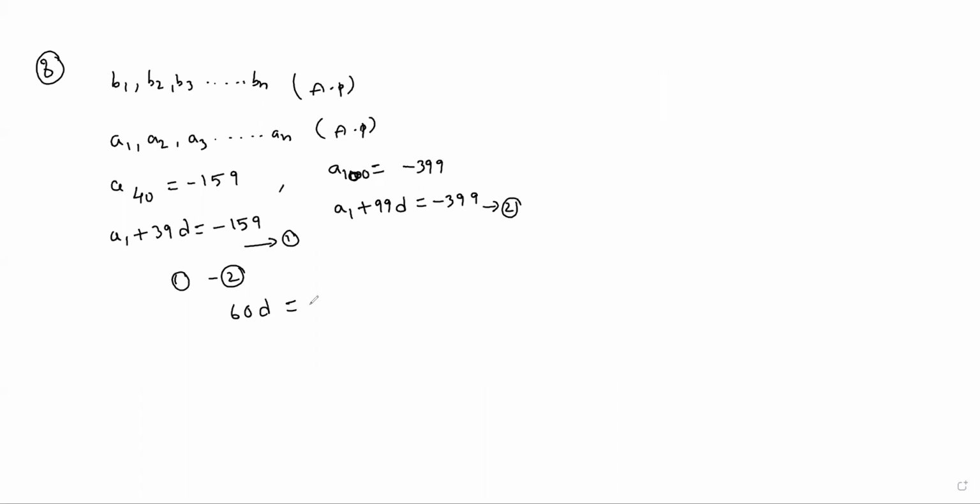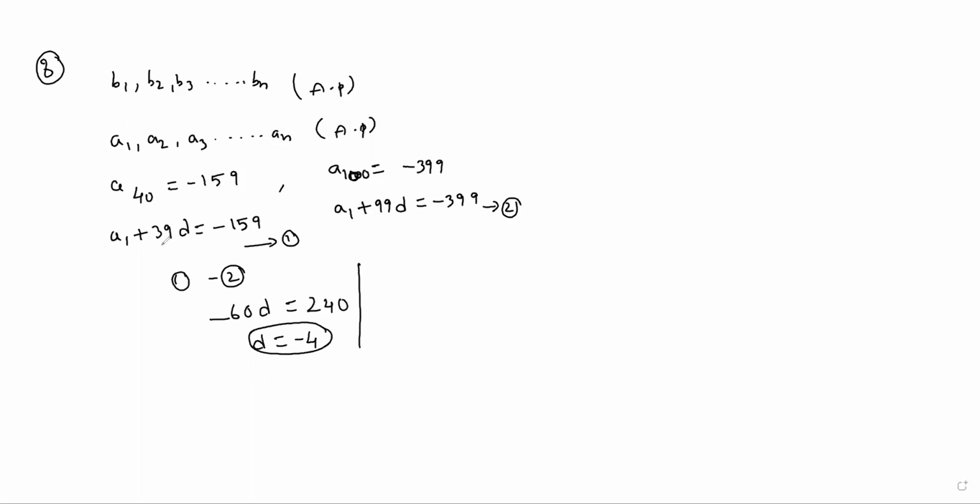That's why we get 240 on the right side. Here 39D minus 99D is minus 60D, but the right side value is positive. By dividing with minus 60, clearly minus 4 you will get.